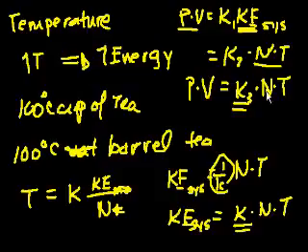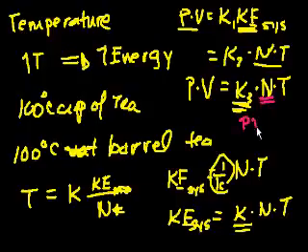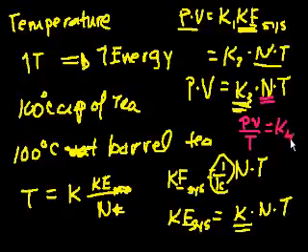And we said temperature we can view as energy per molecule. Or another way we could say that if this constant is constant, which it is by definition, and the number of molecules is constant, then PV over temperature, pressure times volume over temperature, is going to be equal to something times the number of molecules. So we could say that's some other constant, K4. This is another interesting thing to think about.